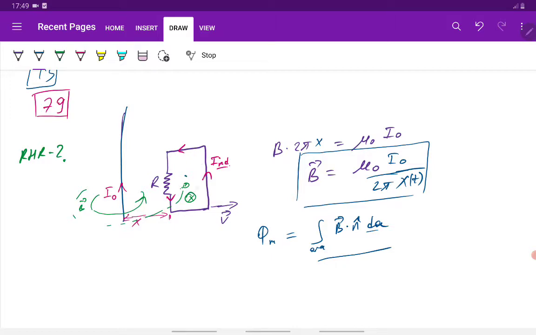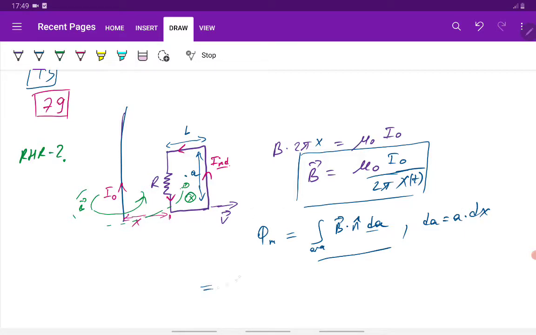Here we can see that this line is constant. Okay, I apologize. This distance is given as b, and this distance is a. So we can see that a is not changing, it is constant. So dA in our case will be a multiplied by dx when we integrate.